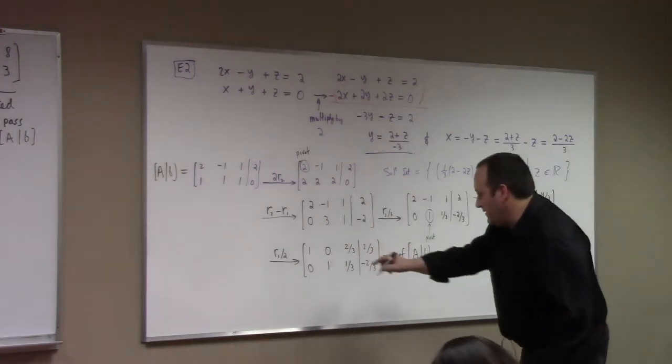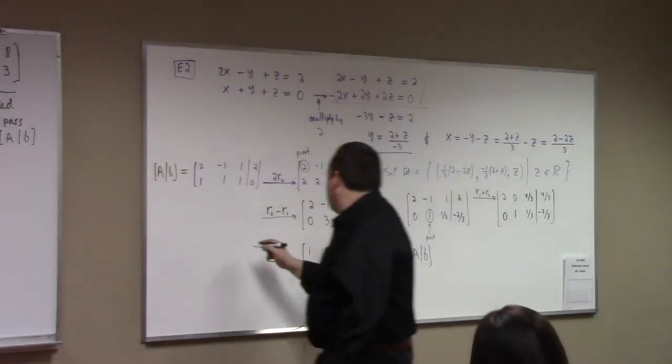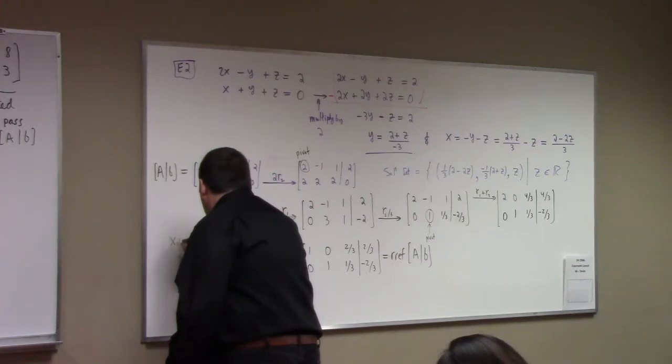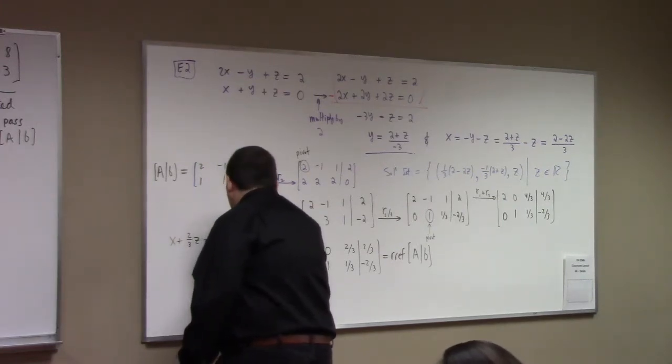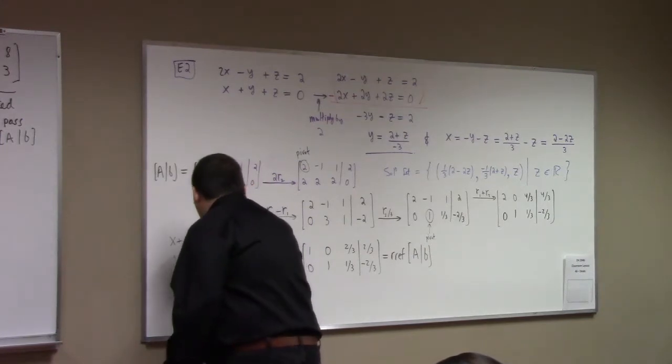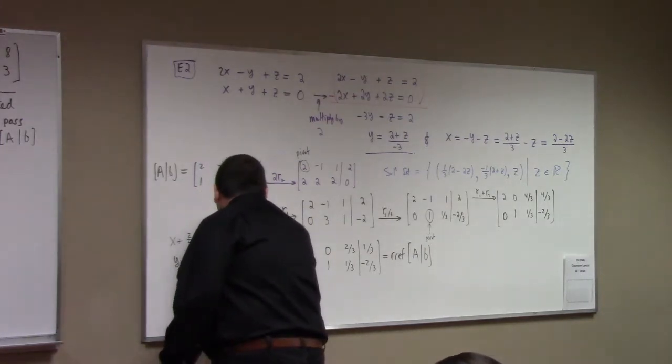And by the way, what do these equations mean? This means that x plus 2/3 z is equal to 2/3, and this means that y plus 1/3 z is equal to minus 2/3.